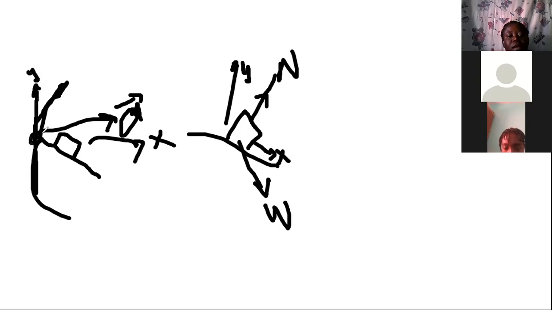So if this is my object, then my normal force is actually towards this, which means my normal force is acting at an angle.